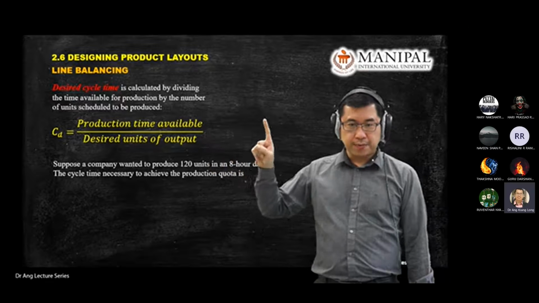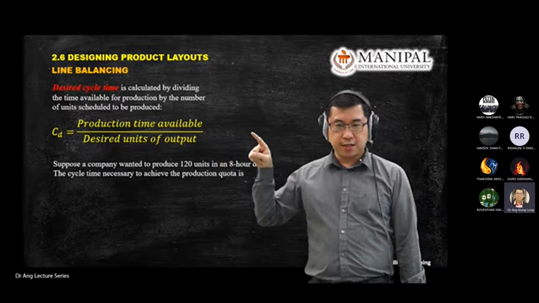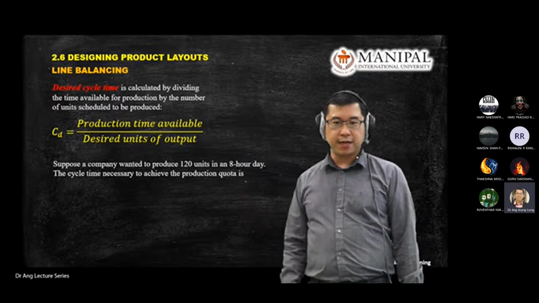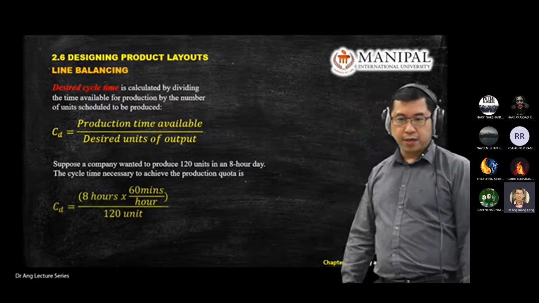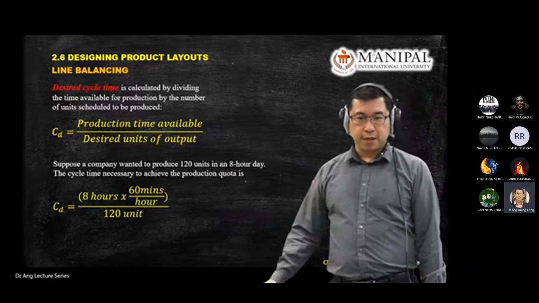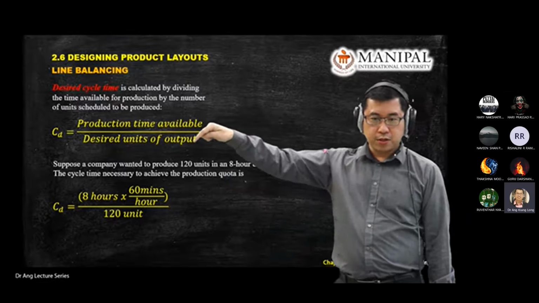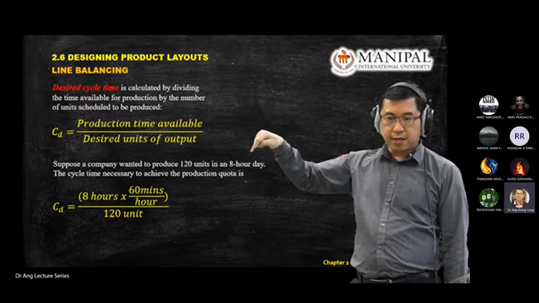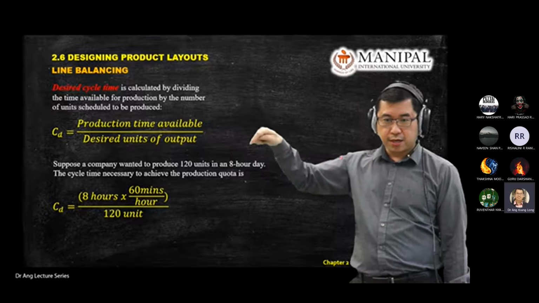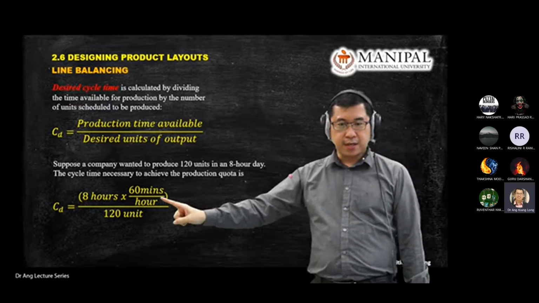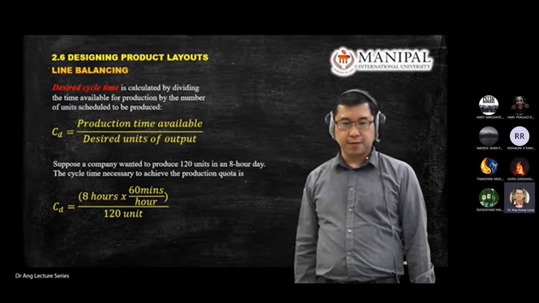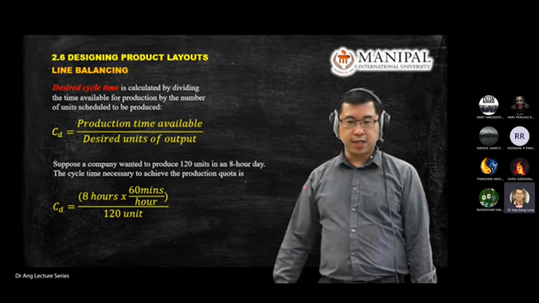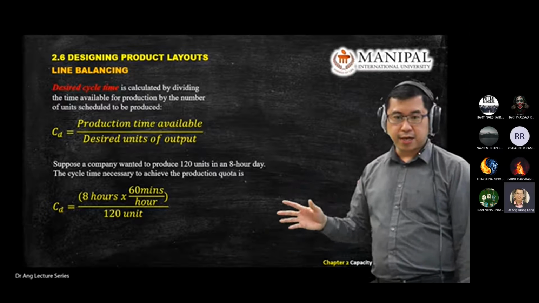To use this equation, the standard unit in your calculation is minutes, so always change the hours into minutes, divided by the total units of output. You need 8 hours to produce 120 units. Convert the time: 1 hour is 60 minutes, so 8 times 60. You convert this into minutes already. Divided by 120 units, you get the desired cycle time.